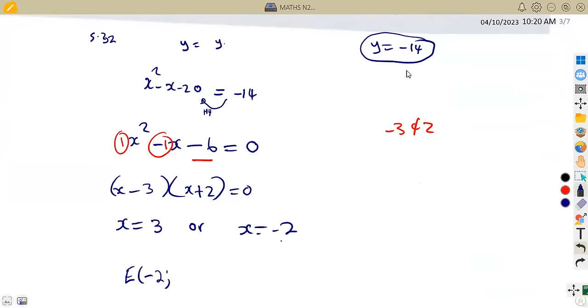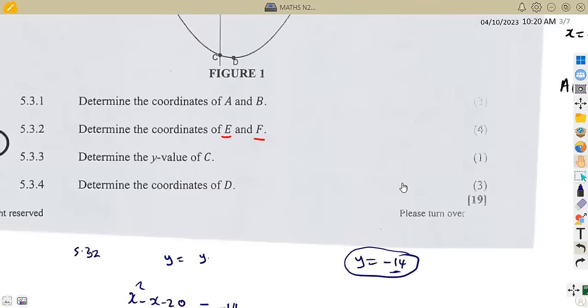But remember that the value of y is at negative 14. So that's minus 14. And our F is still at minus 14 for y, but x is at 3, which is a positive. So it's 3, minus 14. So that is how we could have calculated or determined the points E and F. It was a matter of playing around with the graph question.